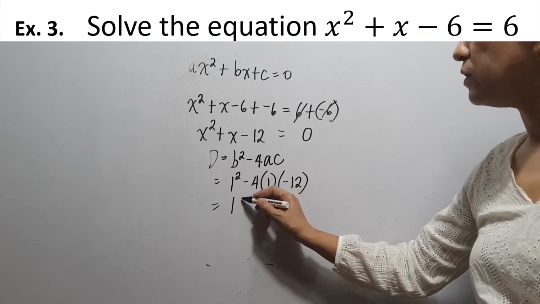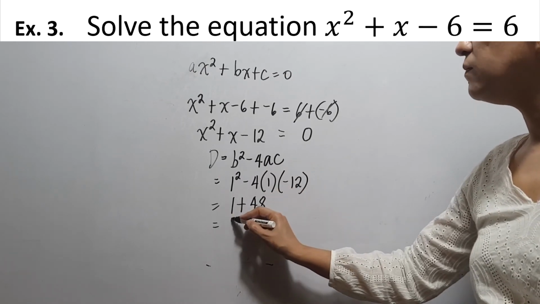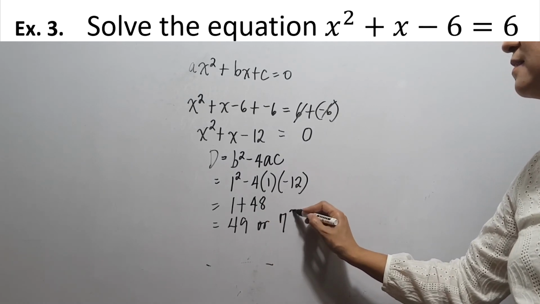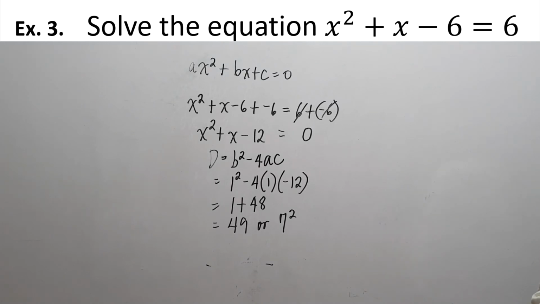Minus negative 48 is plus 48. So, 1 plus 48 is 49, and 49 is 7 squared. So, it is a perfect square. Therefore, factorable yung trinomial natin.